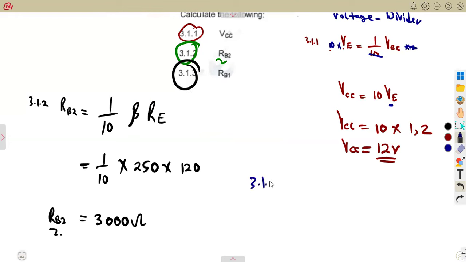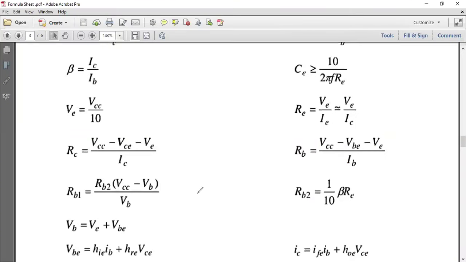On 3.13, they need us to calculate the value of RB1. Again, if you've forgotten your formulas, they are there. You saw that RB1 can be calculated from RB2 as RB2 into VCC minus VB over VB. Remember the part of VB that you are given, where I was saying you must consider where you are given VB.